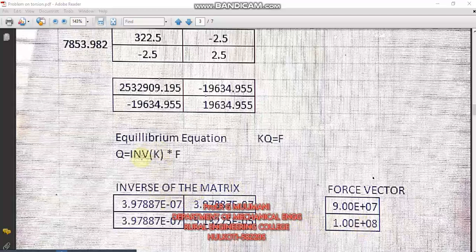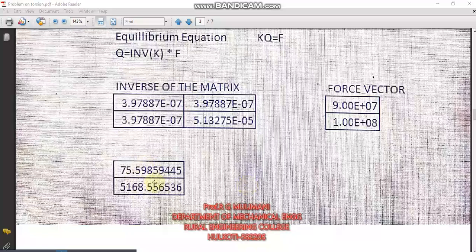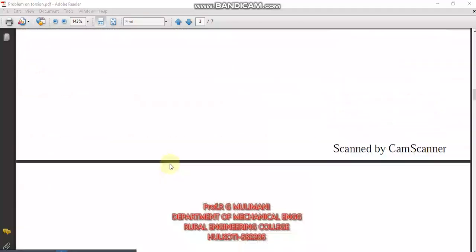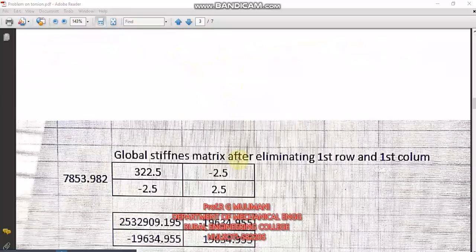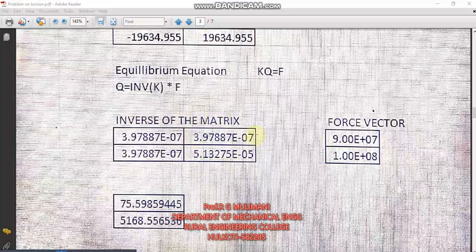When the inverse of the stiffness matrix and the force vector are multiplied, you get the nodal displacements phi 2 and phi 3, which are the same: 75.59 and 5168.55. It is just for reference.